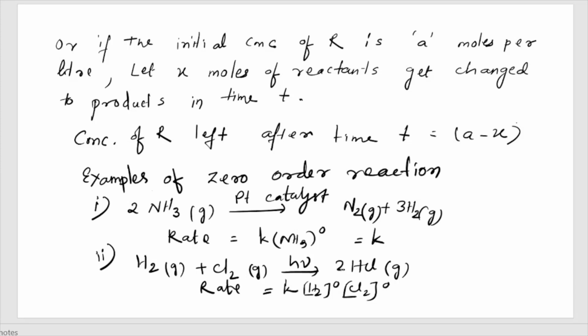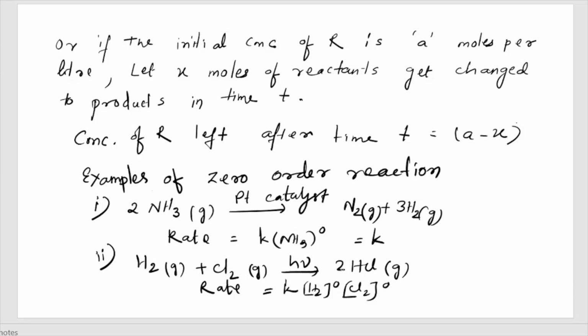A minus X. Again, if the initial concentration of the reactant is A moles per liter, and X moles get changed to product, what is left behind? A minus X. After time t, the concentration is A minus X.